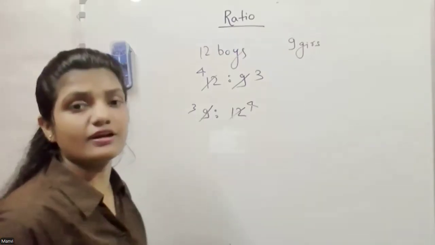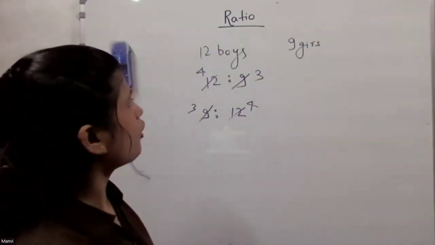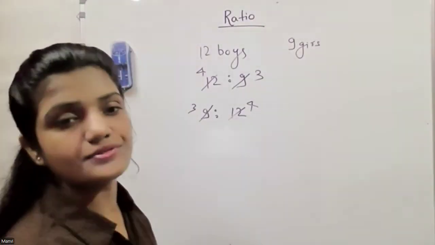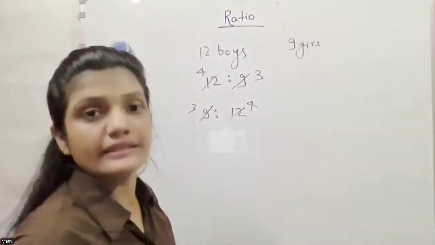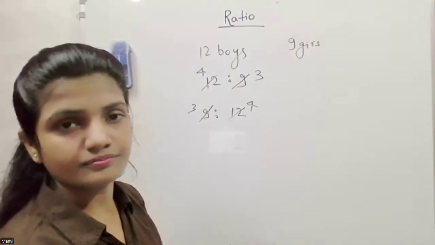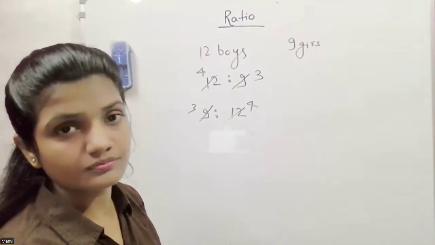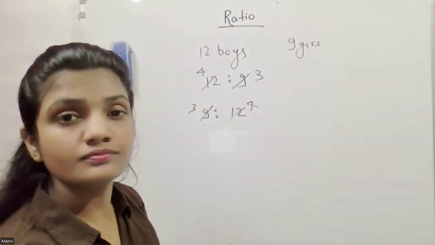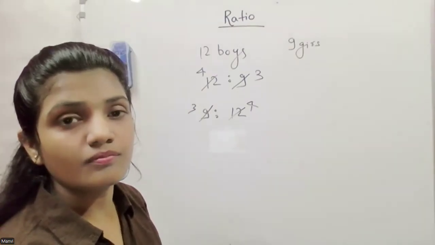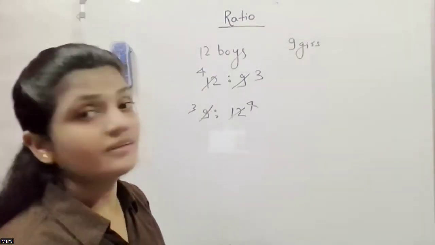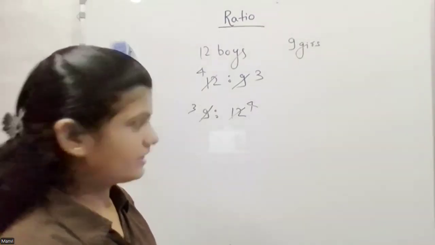Now, Kavya, please tell me, what will be the ratio of girls to the total number of students in this class? Girls to the whole. Will it be 9 ratio 21? Yes. But this is not the correct form. 3 ratio 7. Very good.